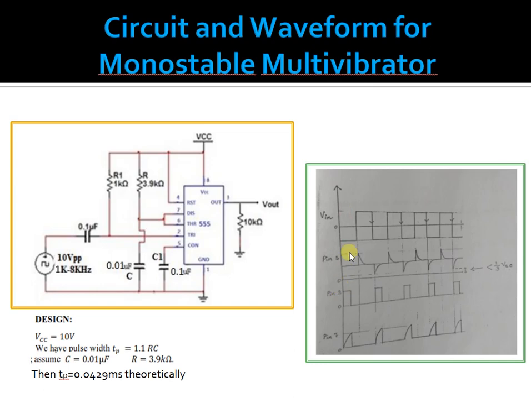So it is the positive pulse width attained during the negative pulse of the input waveform, and the width of the waveform obtained at pin number 2 will be same as that of the width of the pulse of the input, and the width of the waveform corresponding to pin number 7 is same as that of pin number 3. So these observations have to be made in the simulation circuit.